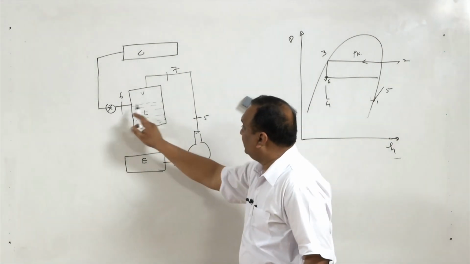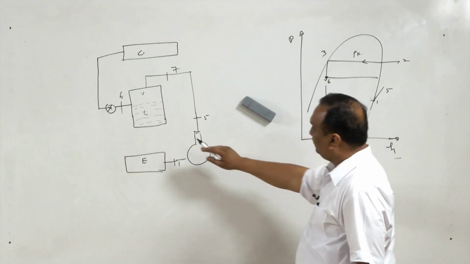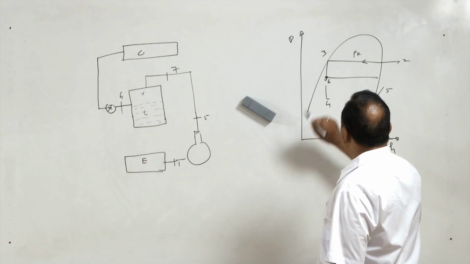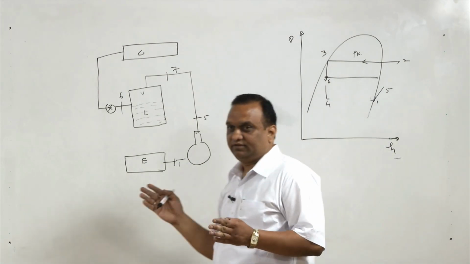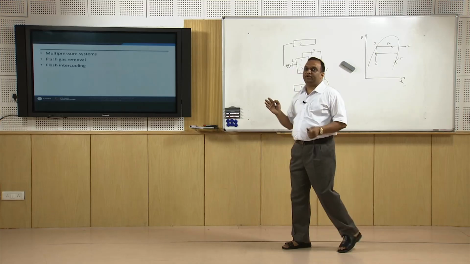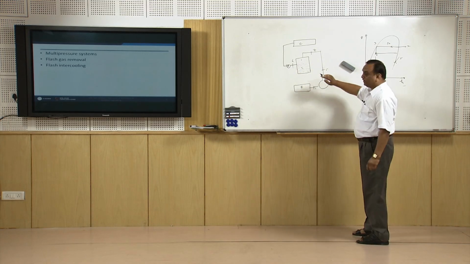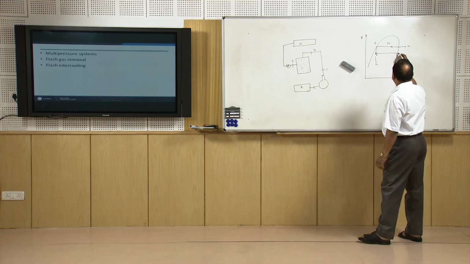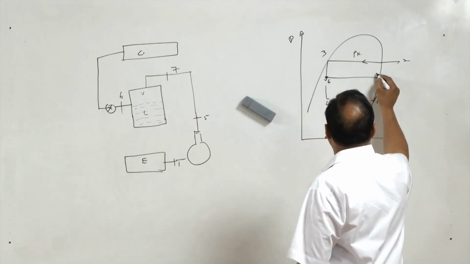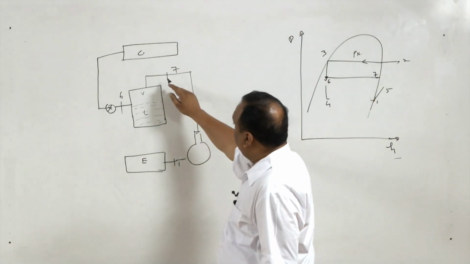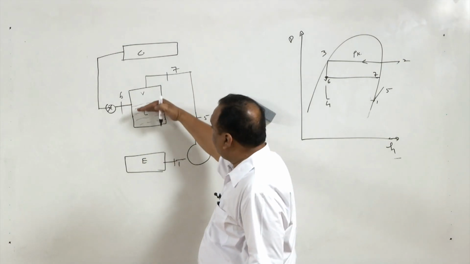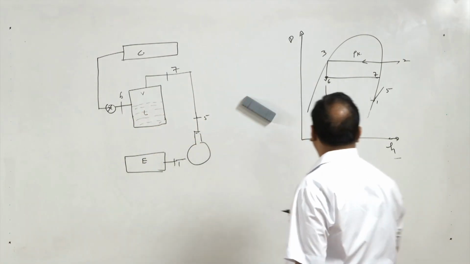After expansion, it is entering the flash chamber. Now, here separation is taking place. Here it is pure liquid and here it is pure saturated vapor. So, saturated vapor is coming here, that is state 7, and saturated liquid is remaining in the bottom of the flash chamber.